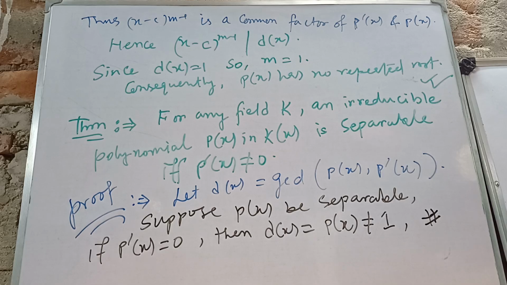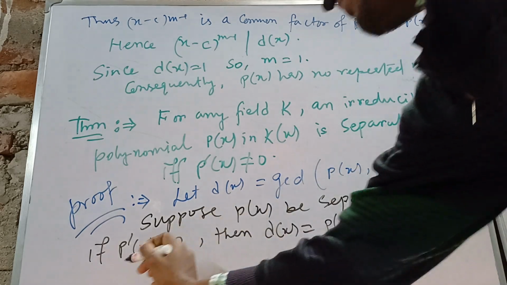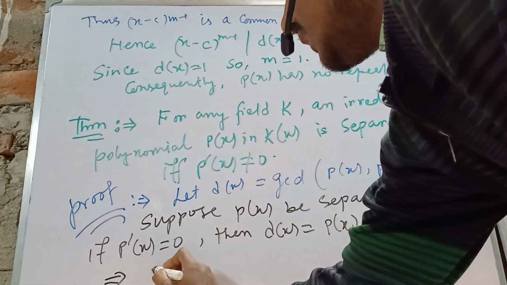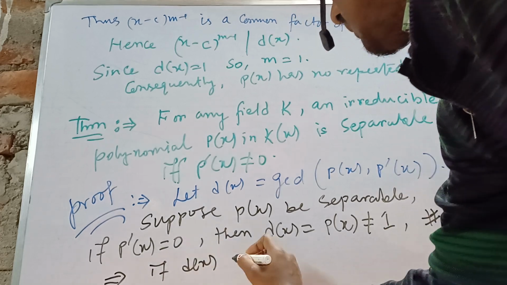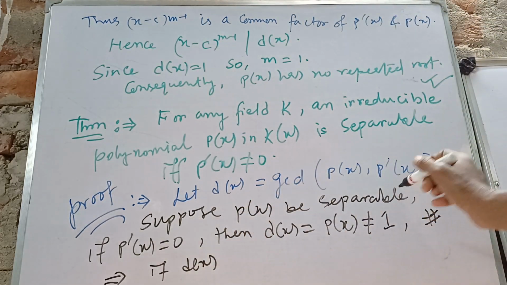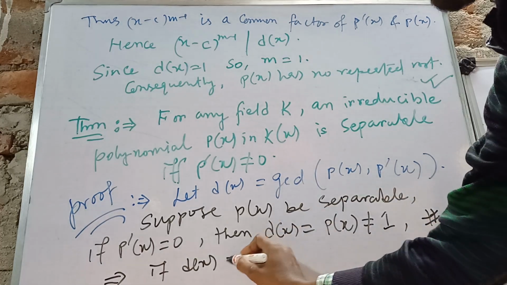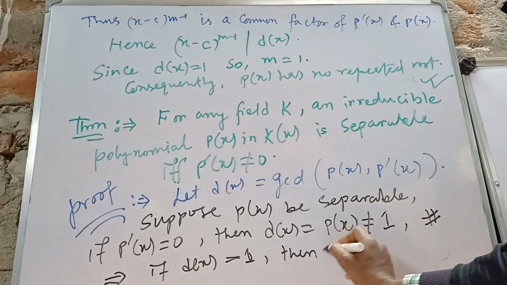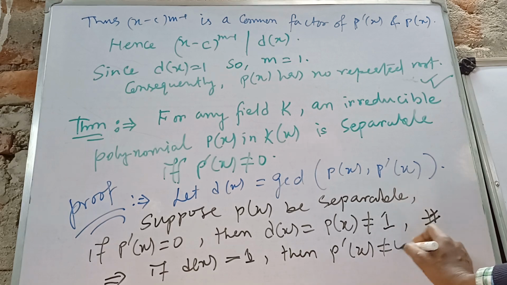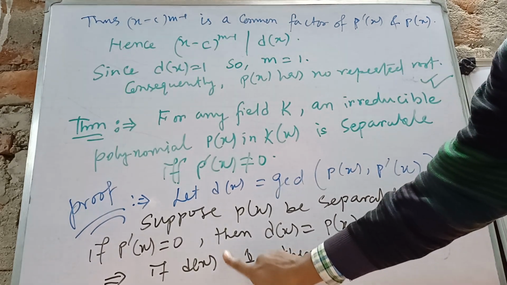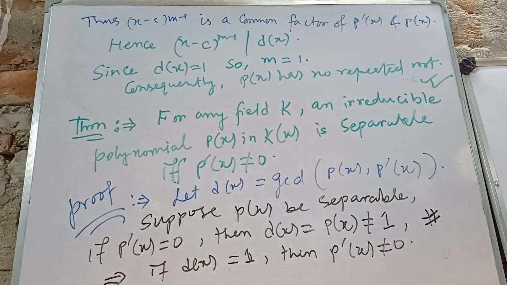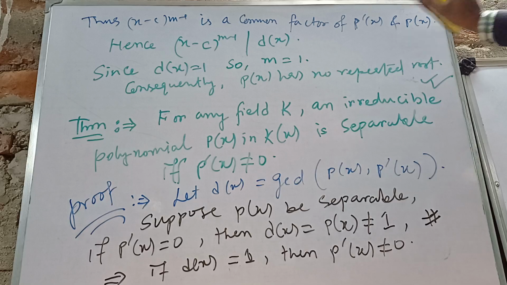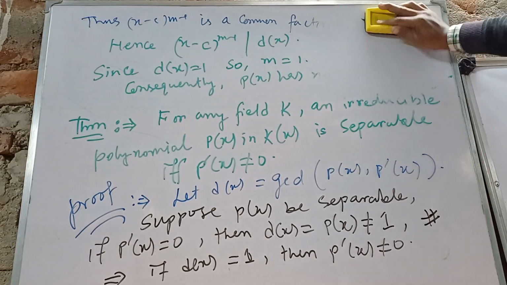Now the converse part. That means this implies if d(x) equals 1, then p dash x is not equal to 0. Now we also erase this upper portion and go to the discussion of the converse part.